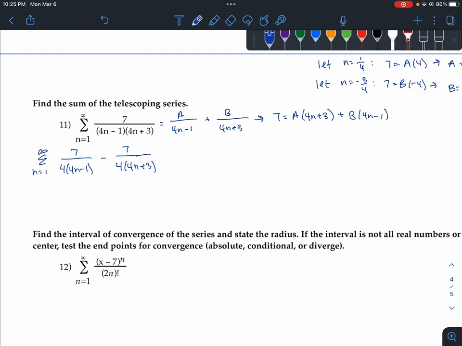So my next thing that I'm going to do is make a list of partial sums so I can see what's happening. So my first partial sum, if I plug 1 in here, I get 7 over 4 times 3 minus 7 over 4 times 7.